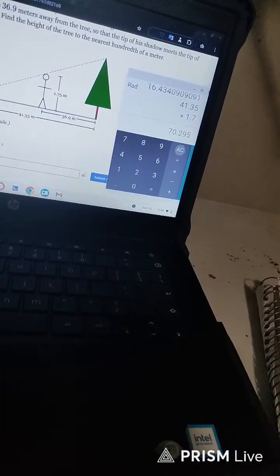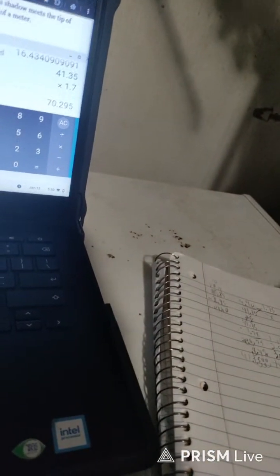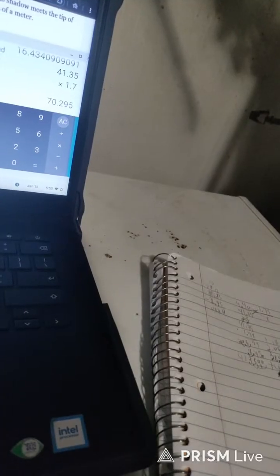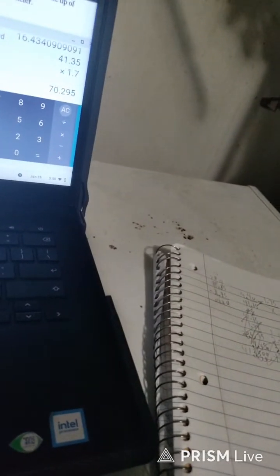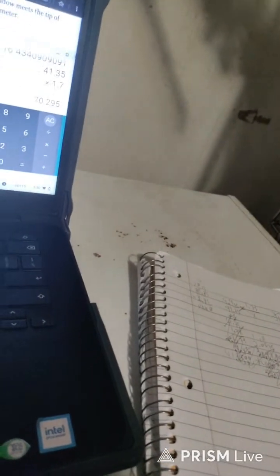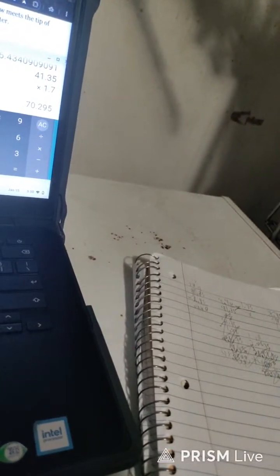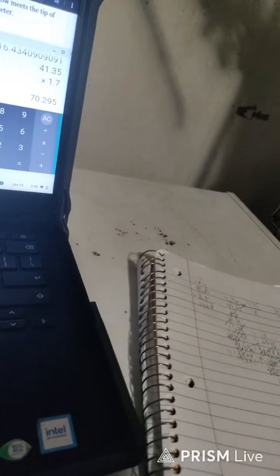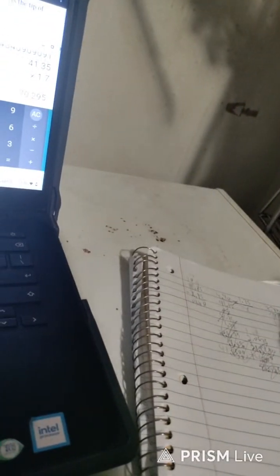It's 70.295, and that's supposed to equal to 4.4. We divide this by 4.4. Alright, we divide this by 4.4.